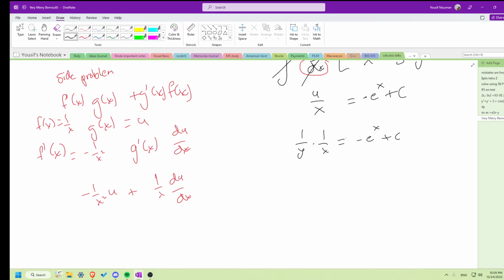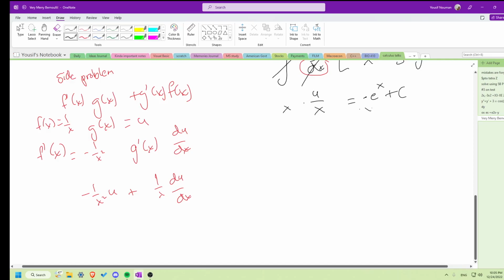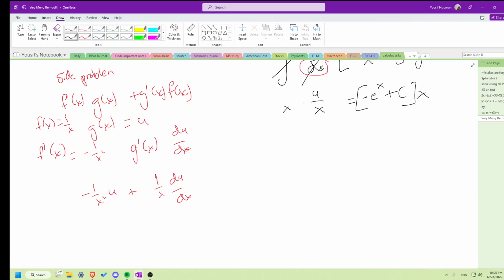Well, instead of doing that, we could have just multiplied by x, and that would be u is equal to negative x e to the x plus cx. So 1 over y, from the substitution earlier, is equal to negative x e to the x plus cx.